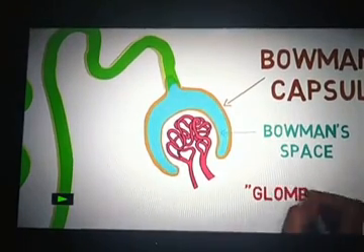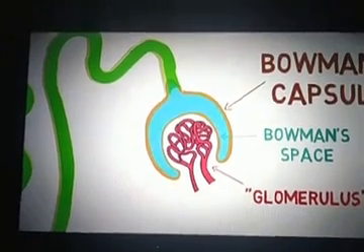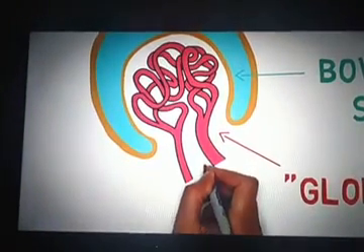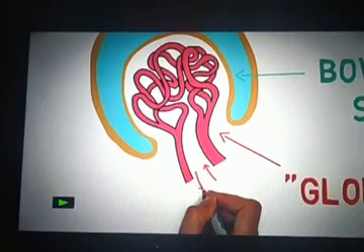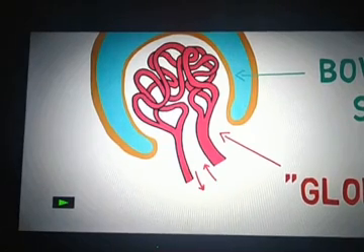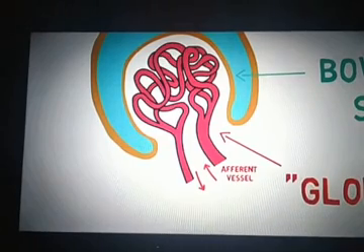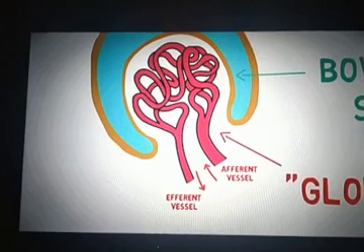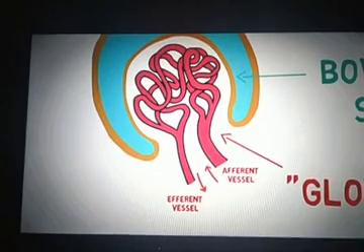The part of the glomerulus that gets the blood from our body and enters the Bowman's capsule is called the afferent vessel. And the part that leaves the Bowman's capsule is called the efferent vessel. The efferent vessel drains out the blood from the Bowman's capsule.